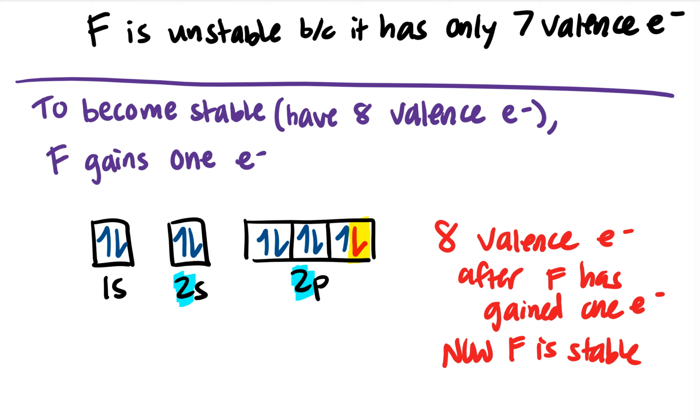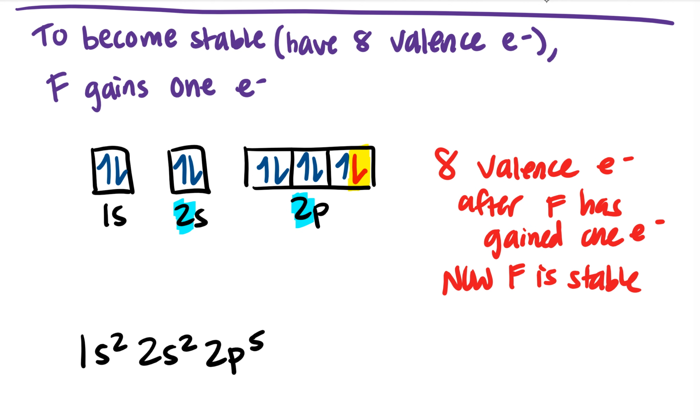What's the electron configuration? Well, remember, this is how it started: 1s2, 2s2, 2p5. But didn't we just gain 1 electron? Didn't we just see in our orbital notation that we added an electron to 2p? So now count how many electrons are inside of 2p. We're going to have to change that exponent on 2p to 2p6.